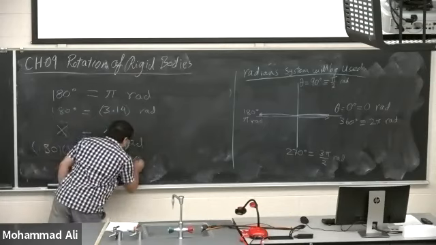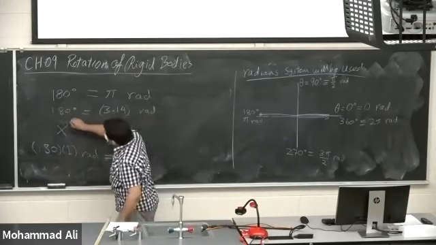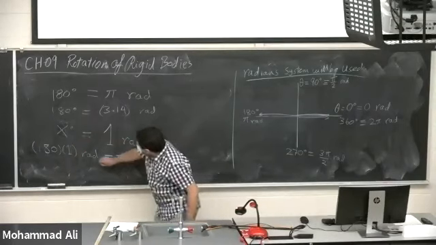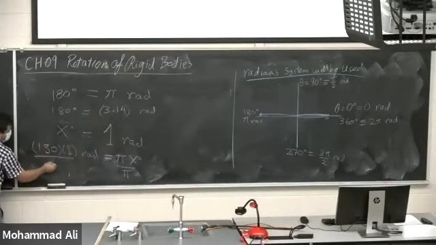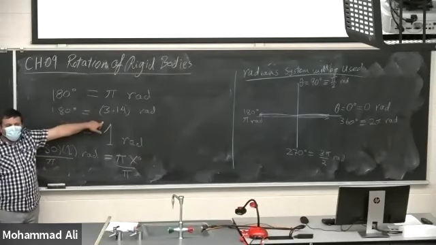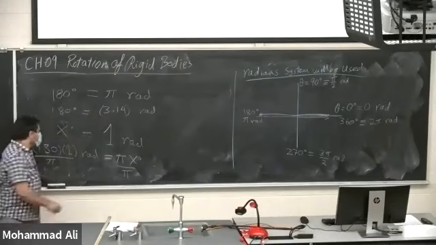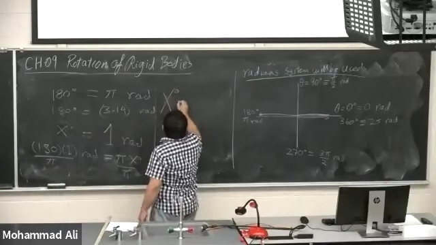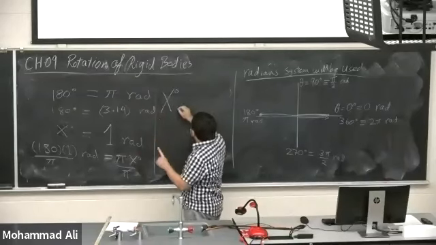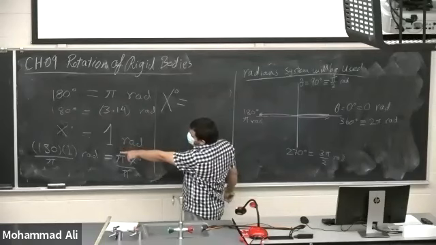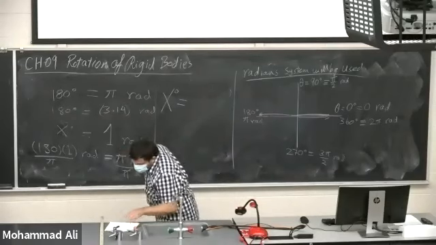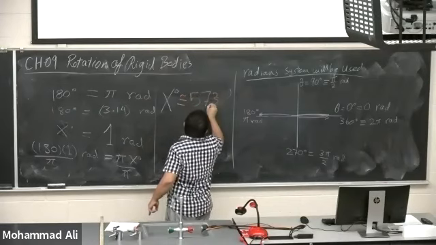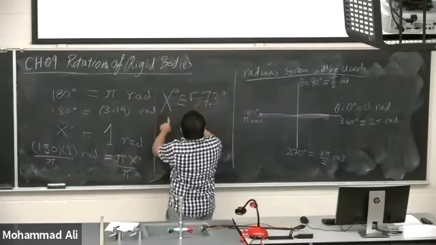X is in degrees, because here we are talking about degrees. So divide both sides by pi. Pi is just a number, 3.14. So pi will cancel with pi. Then x, which is 1 radian, is equal to 180 over pi. It will be approximately 57.3 degrees. This is 1 radian.